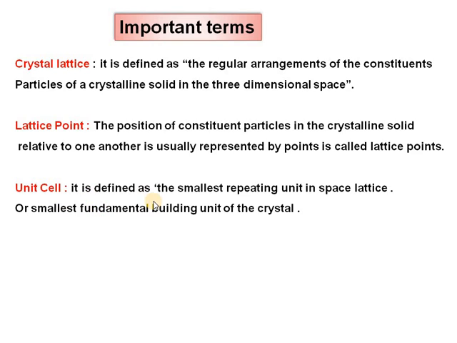A unit cell is defined as the smallest repeating unit in the space lattice, or the smallest fundamental building unit of the crystal. The regular arrangement of an infinite set of these lattice points is also called the crystal lattice or the space lattice.